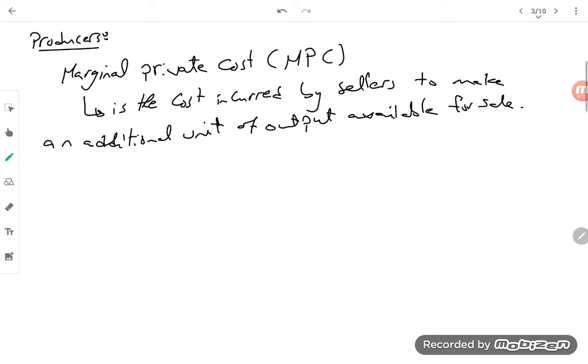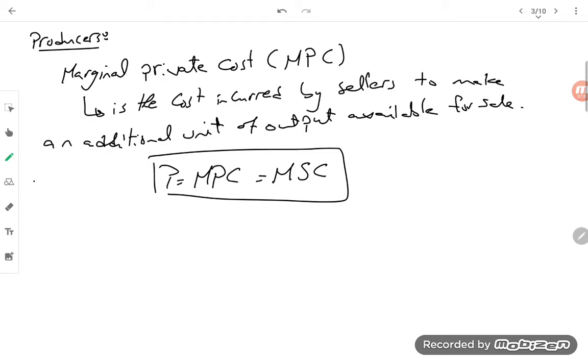And the producers are going to adjust their production until price is equivalent to marginal private cost. With respect to the society, it will be equivalent to marginal social cost. So this is the profit maximizing condition in case of a competitive market.